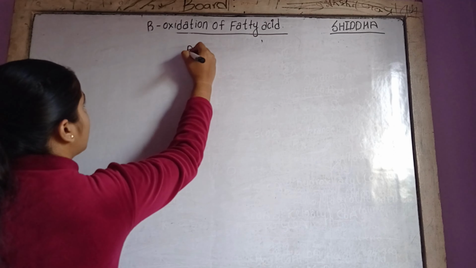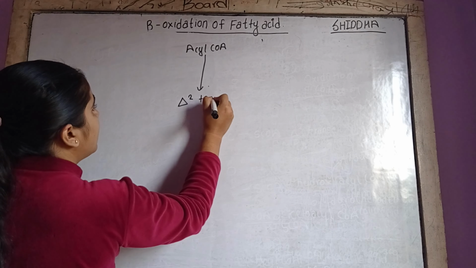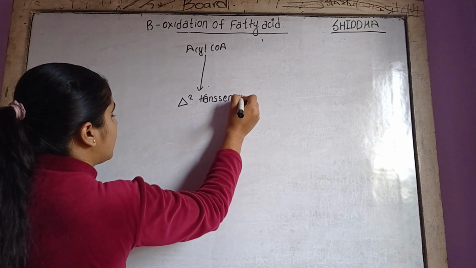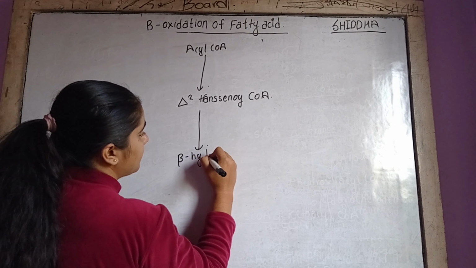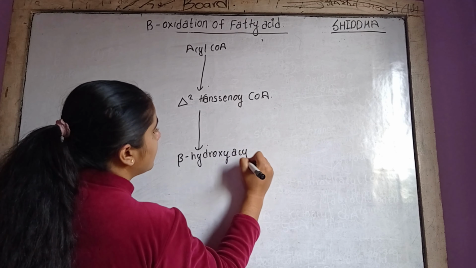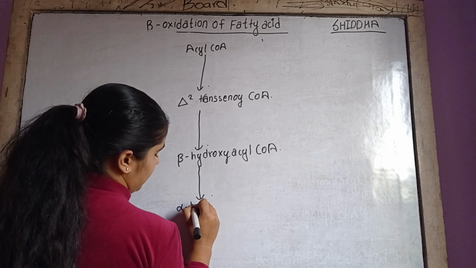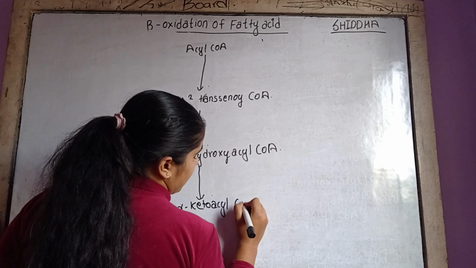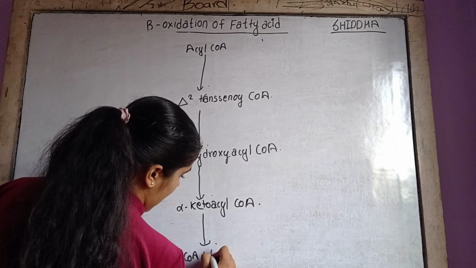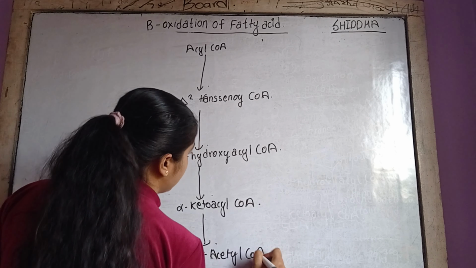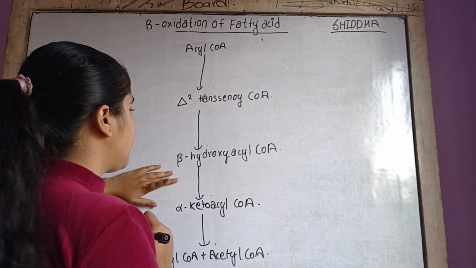First we converted acyl coenzyme A to delta square transenol coenzyme A, and then this was converted to beta hydroxy acyl coenzyme A, and this was converted to alpha ketoacyl coenzyme A, and finally this was clipped into acyl coenzyme A and acetyl coenzyme A. So this one was our first oxidation reaction, and this one was our second oxidation reaction.